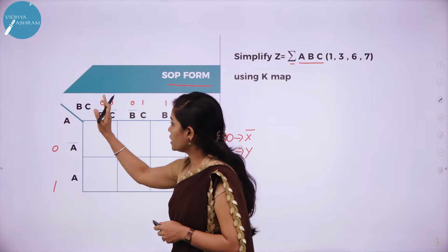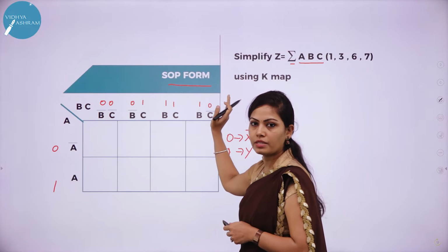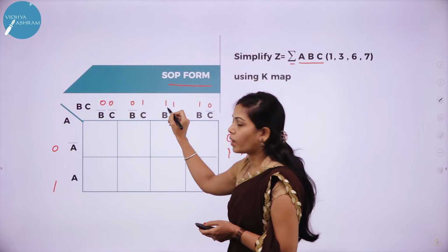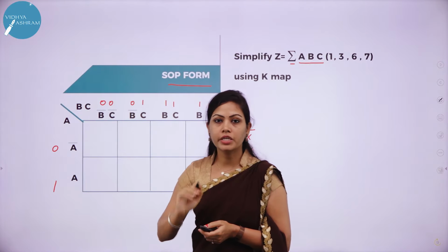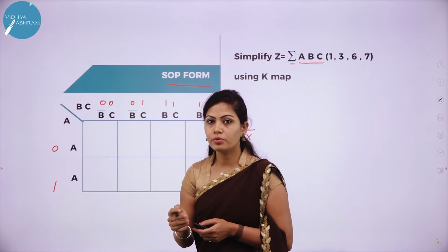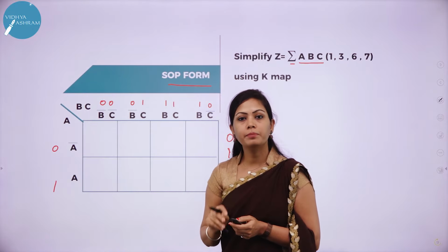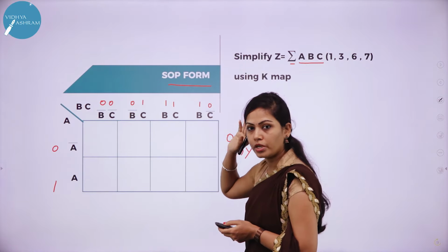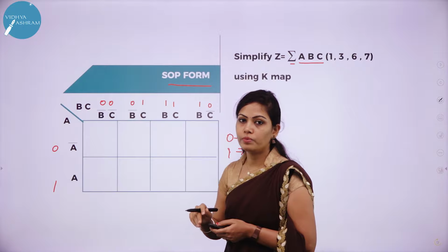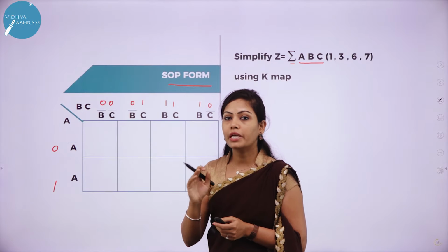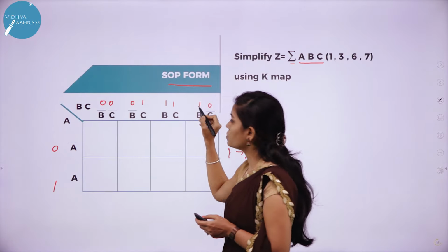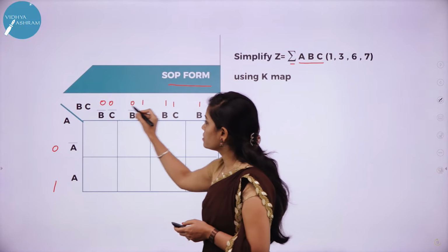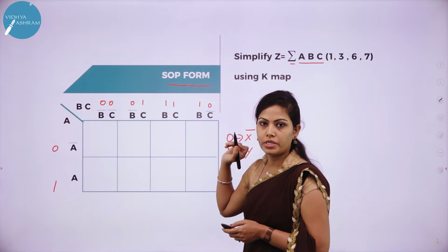So the ordering of the variables, that is 00, 01, 11, 10, is in reflected binary code. You should not use straight binary code, that is 00, 01, 10, 11. You should use only the reflected binary code. This is the order you should use in K-map.